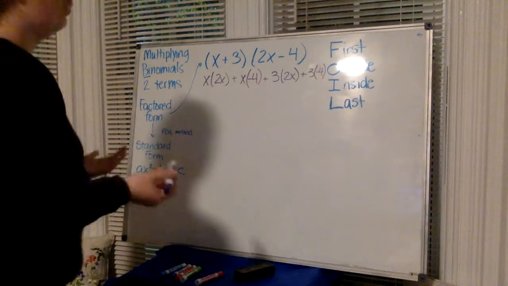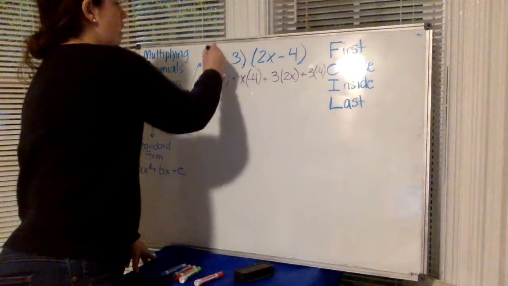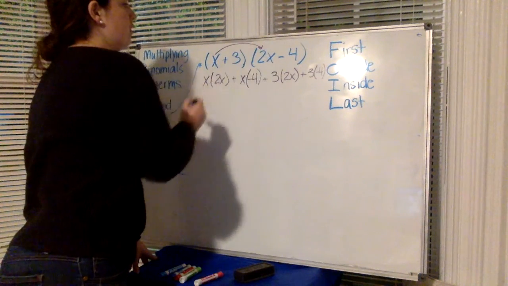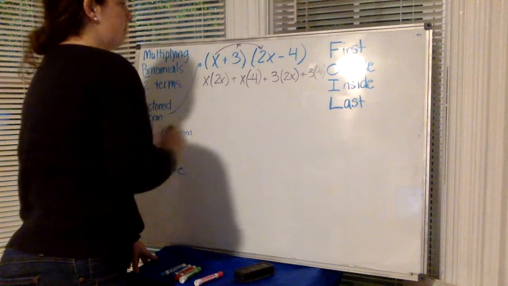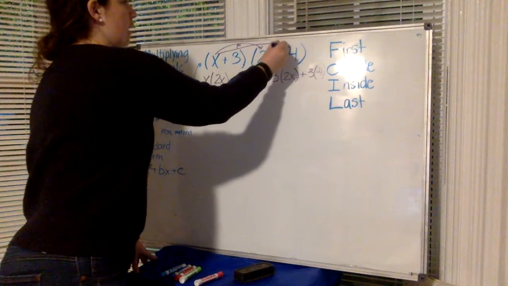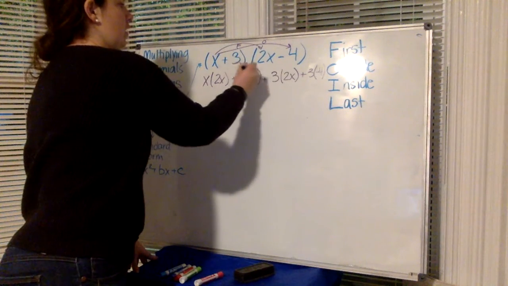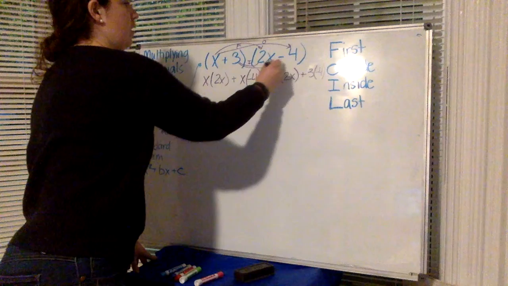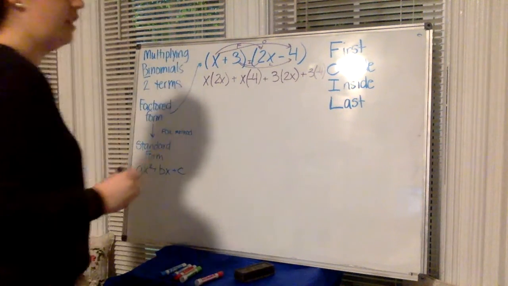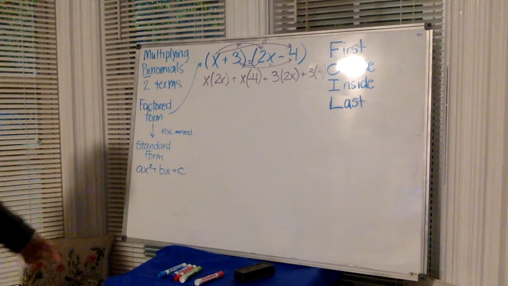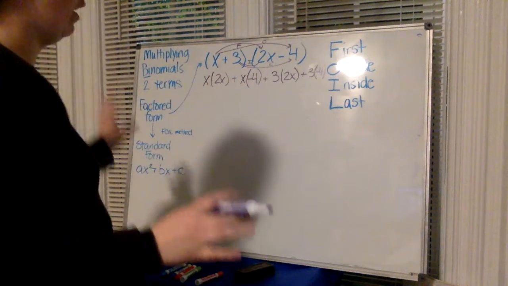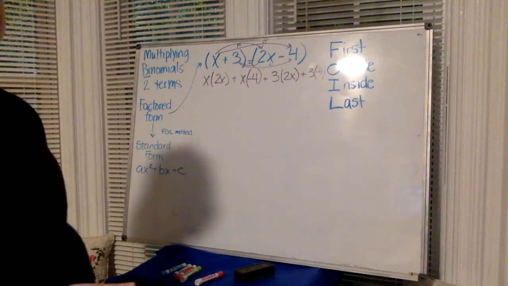Something that you can do to help you stay on track is draw arrows. So first terms, outside terms, inside terms, last terms. And there's no particular order or up or down that the arrows have to go. It's completely up to you.